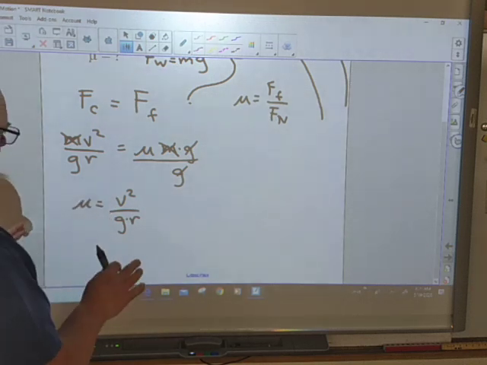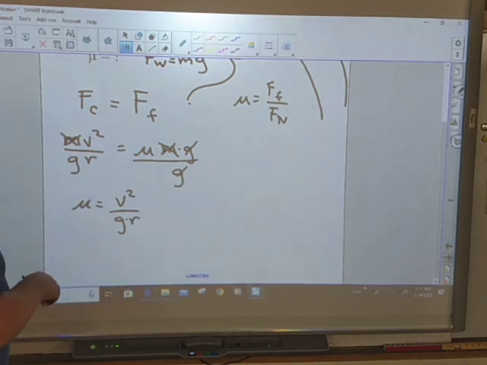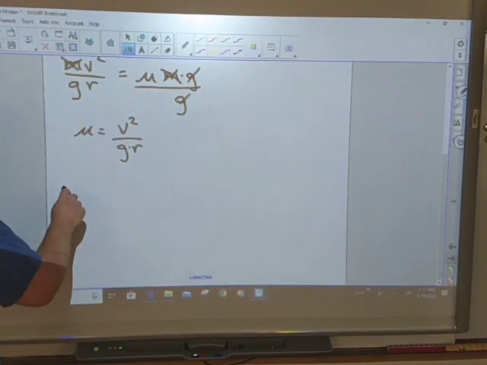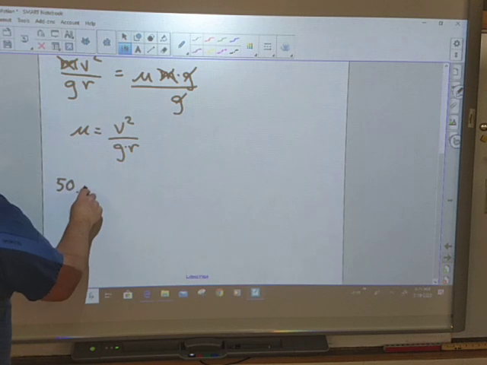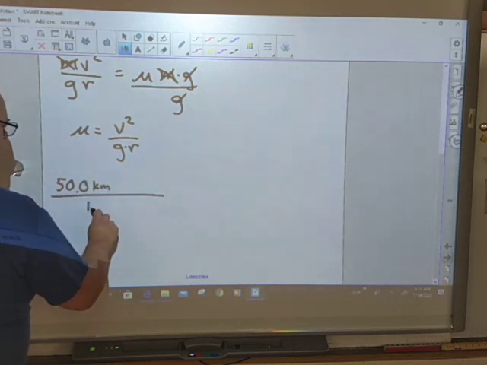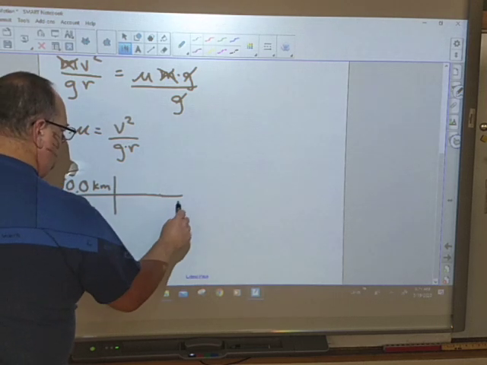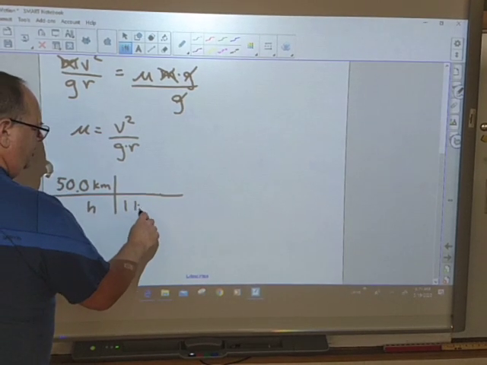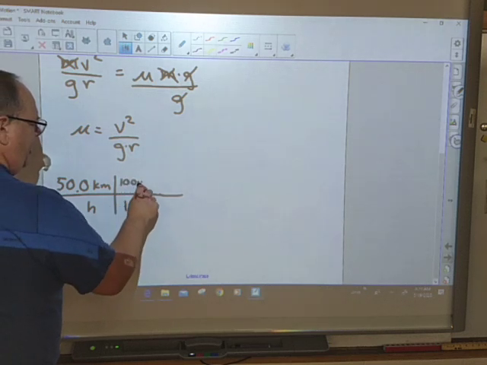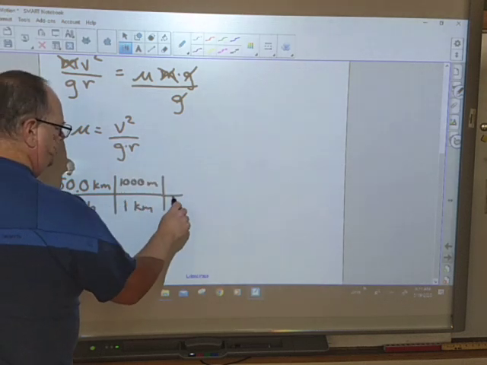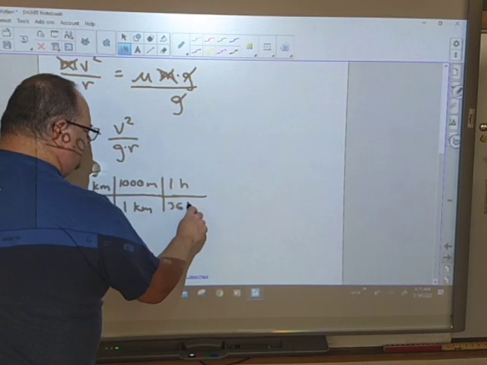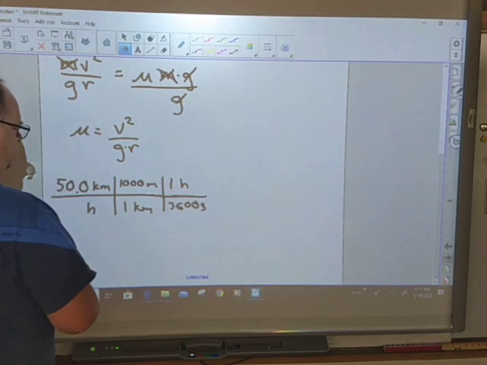All right, before I go any further, I'm going to take care of a unit conversion. We've got 50 kilometers per hour, and I know that 1 kilometer is 1,000 meters, and I know that 1 hour is 3,600 seconds.